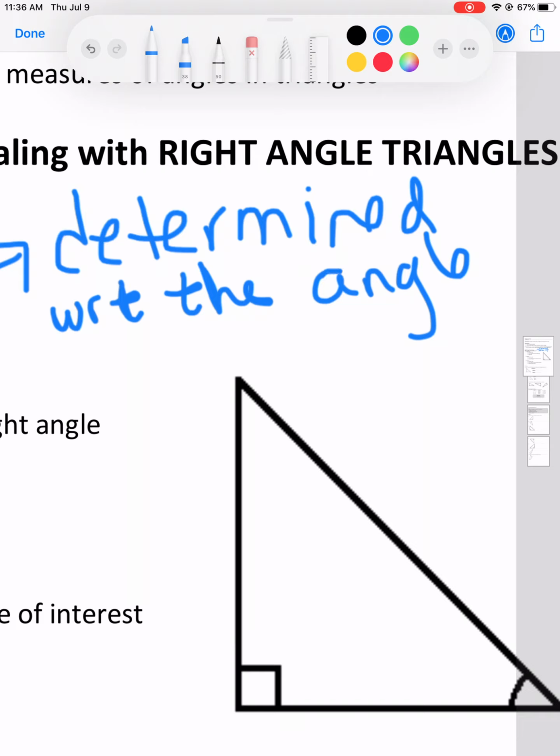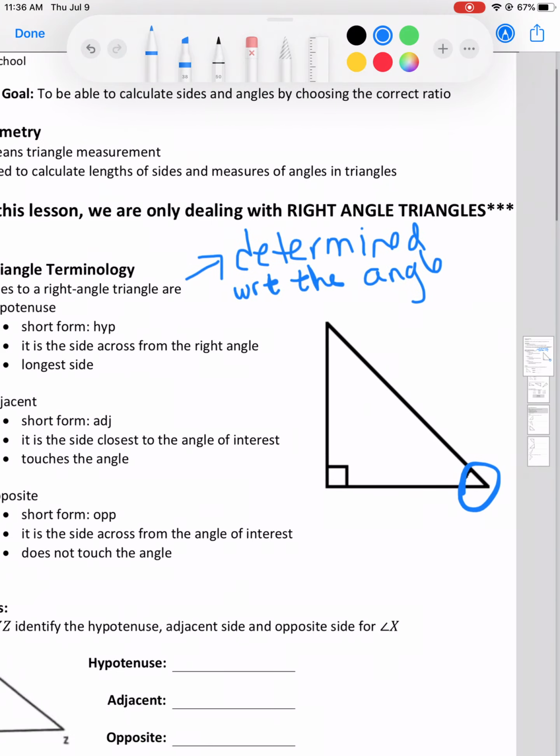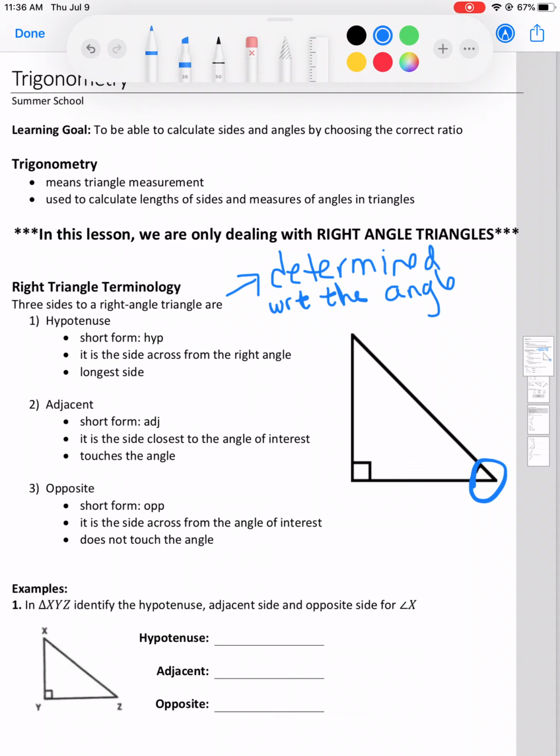So in this question, the angle of interest, and I'm going to say that a lot, is this guy right here, because it's got that little indicator. So it'll always be obvious which one is the angle in question.